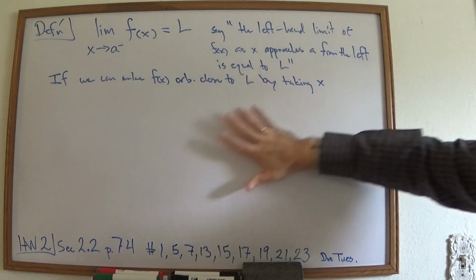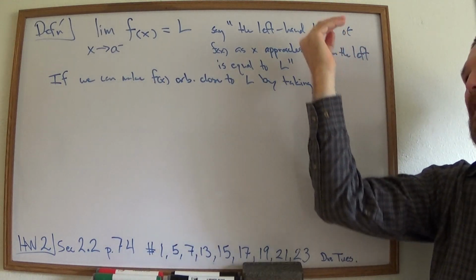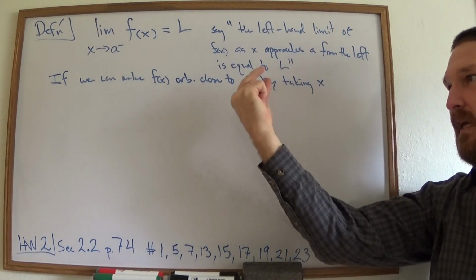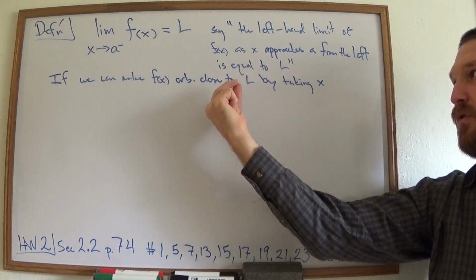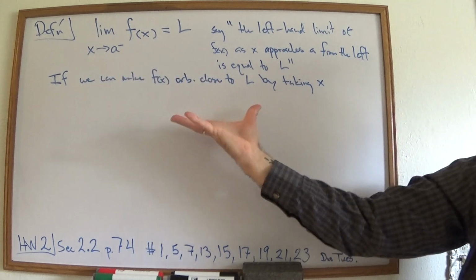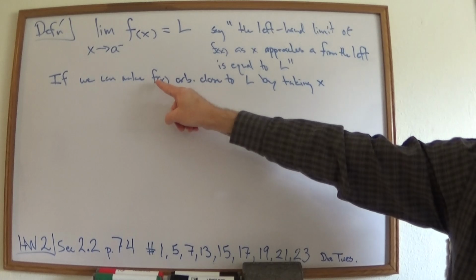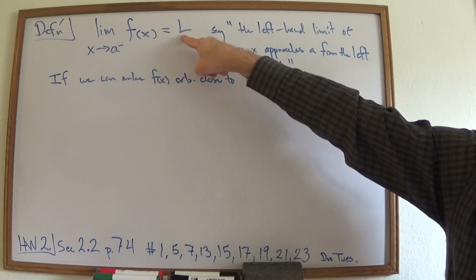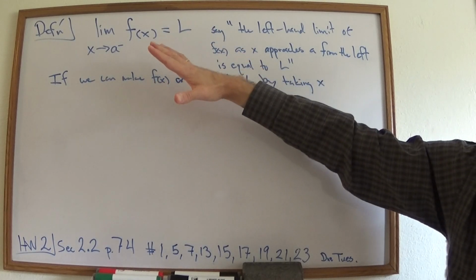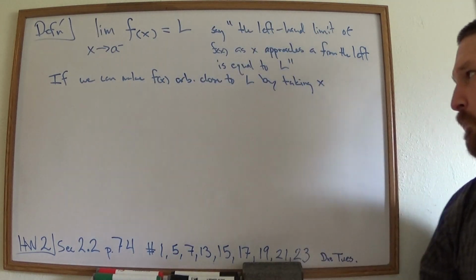Hopefully the way I phrased this makes more sense. We had tables, and we kept making the input numbers closer and closer to the thing we cared about, right? That's what this means. By taking x close, we could make the output values closer to that. You guys get that? Right? That makes sense. Now you kind of have a visual for it.